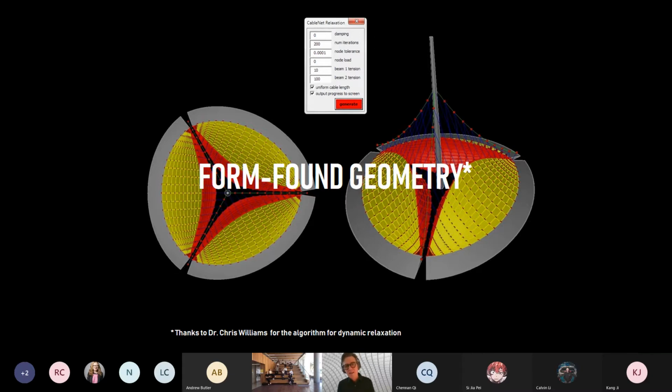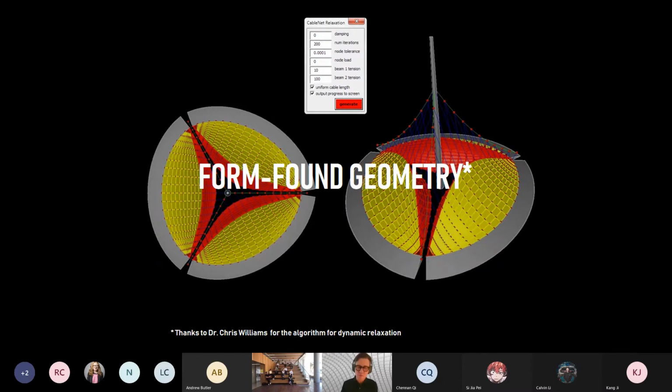And here, because we were looking at these very special structural forms of these cable nets, I borrowed an algorithm from Dr. Chris Williams at the University of Bath and basically programmed this into MicroStation to create this software that would create these form-found net structures.